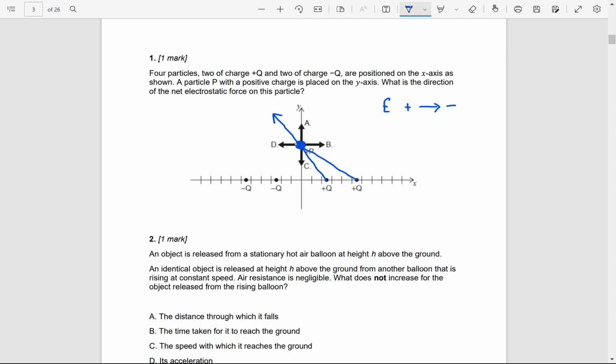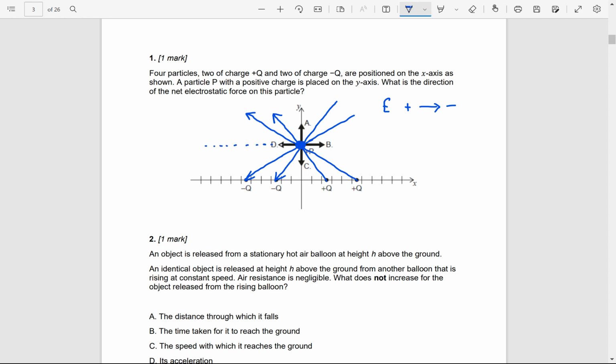However, we have 3 others, so I'm going to do the same thing. Now you would do this with a ruler in the examination, like that, and then we have 2 more. However, they're coming from positive into the negative, so we're going in that direction, and then again through P, like that, in that direction.